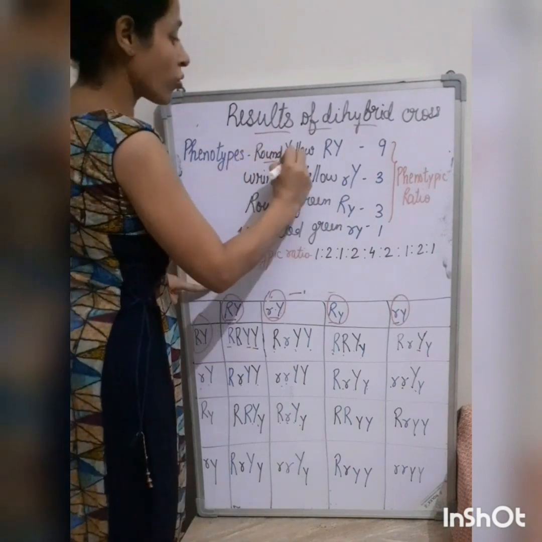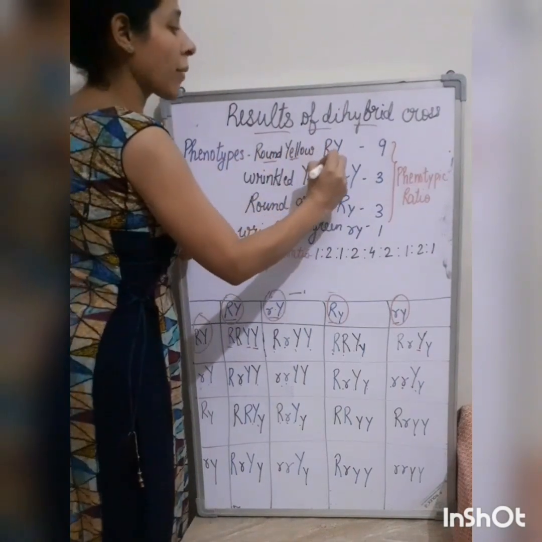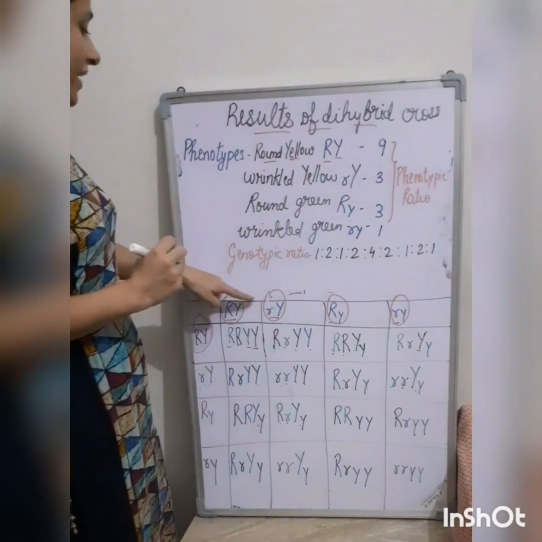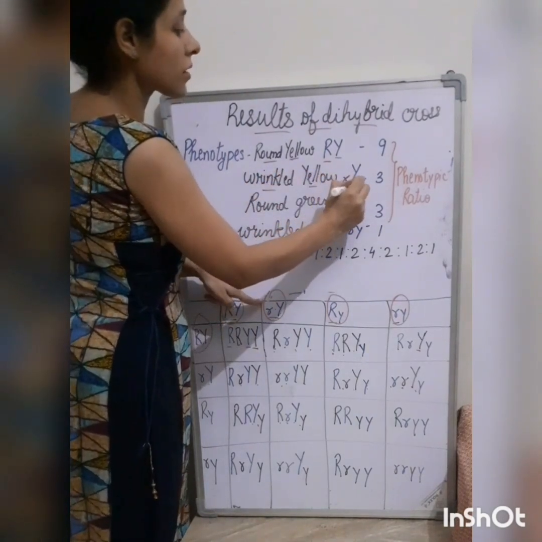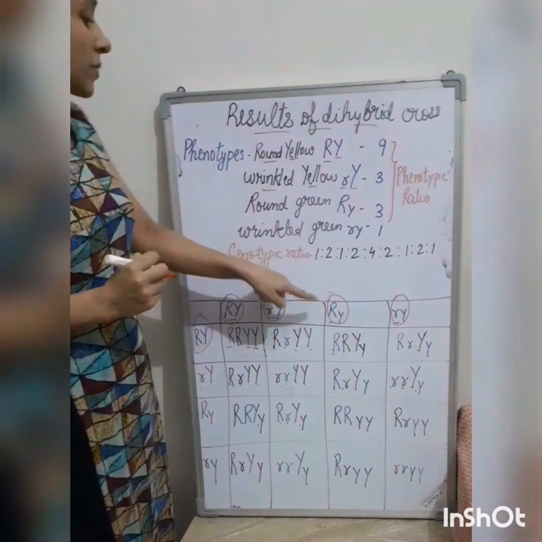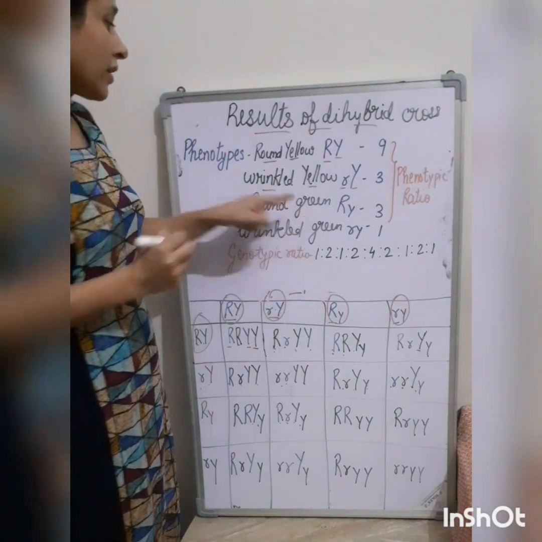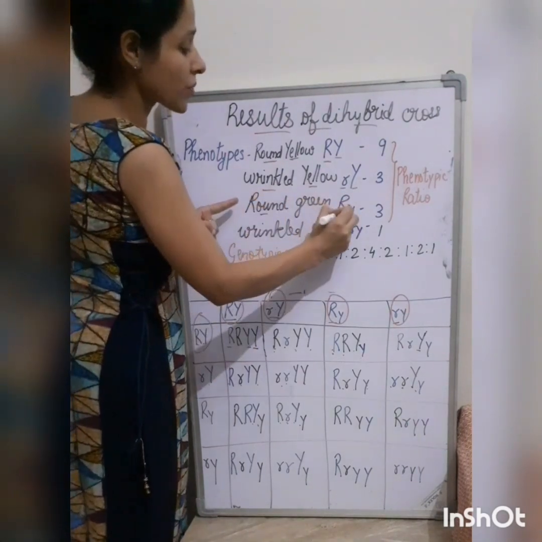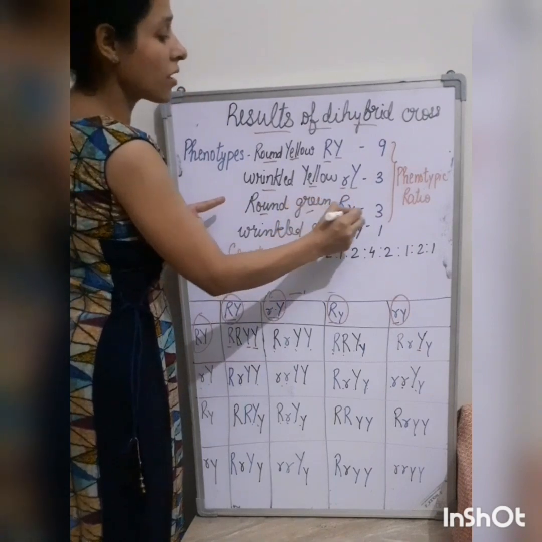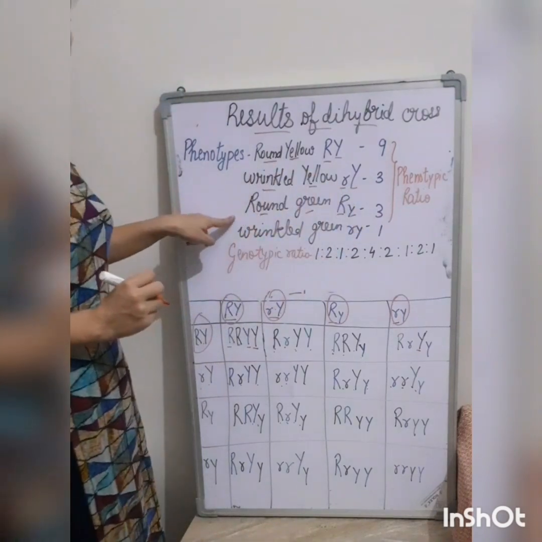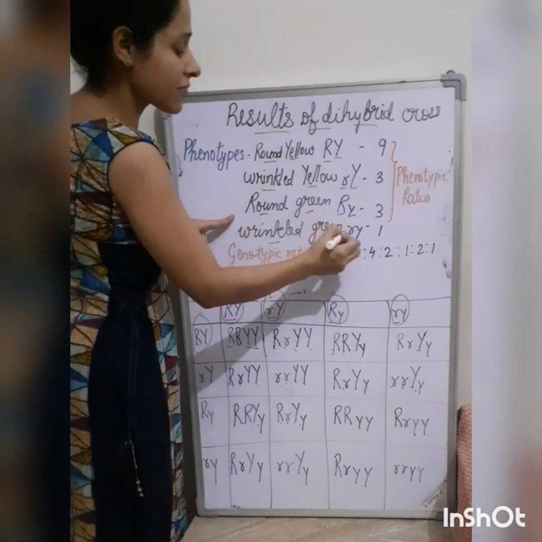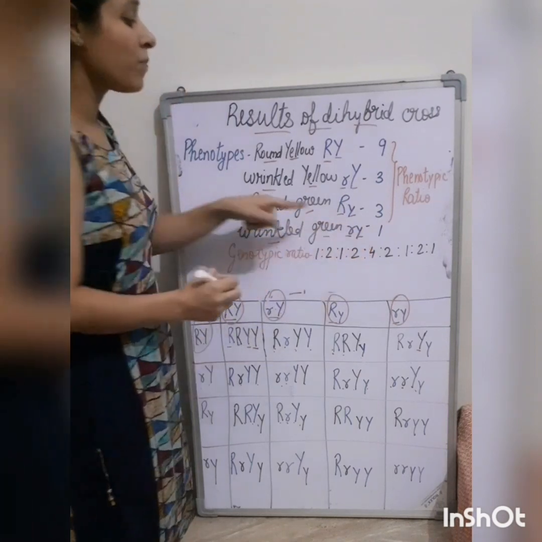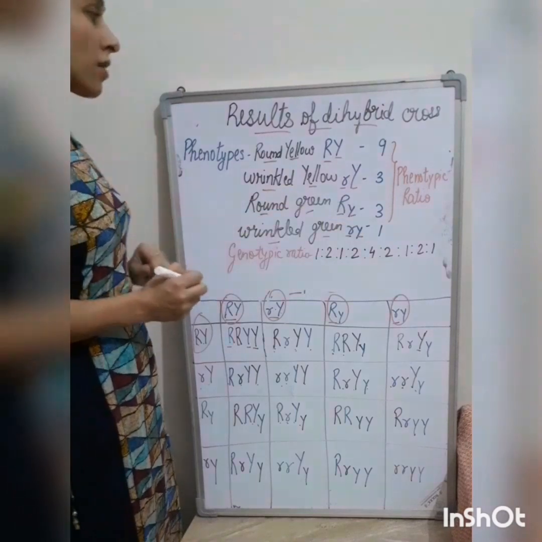One is round yellow, denoted by capital R, capital Y. Second is wrinkled yellow, denoted by small r, capital Y. Third possibility is round green, so round represented by capital R, green by small y. And fourth possibility is wrinkled green, so both are recessive characters and are represented by small r, small y.